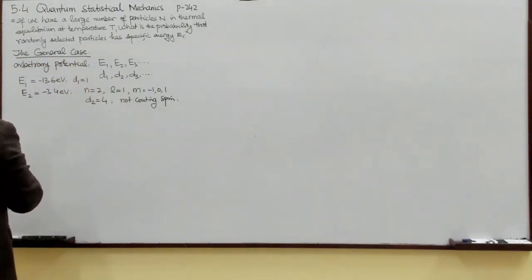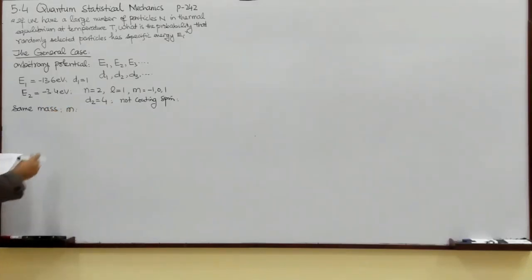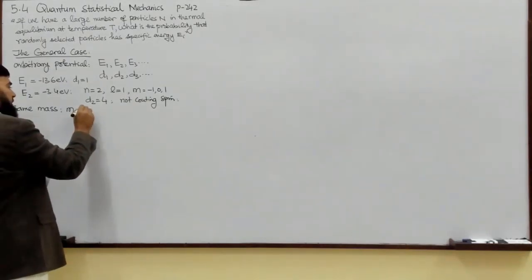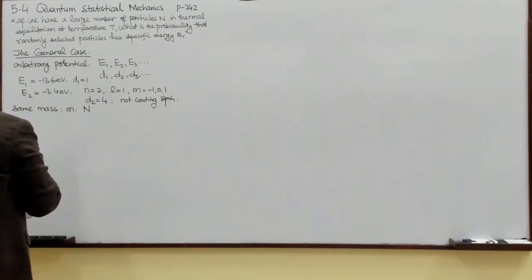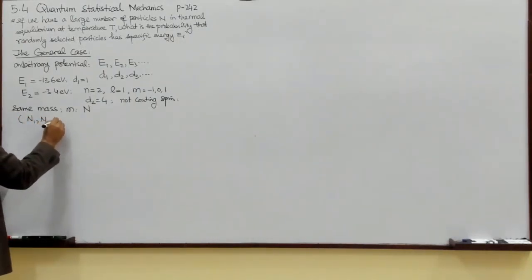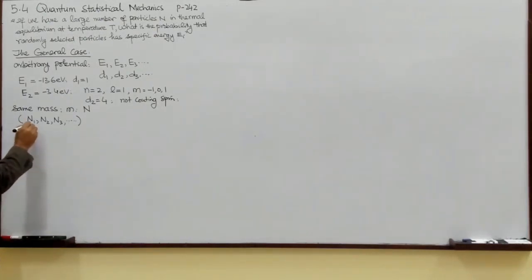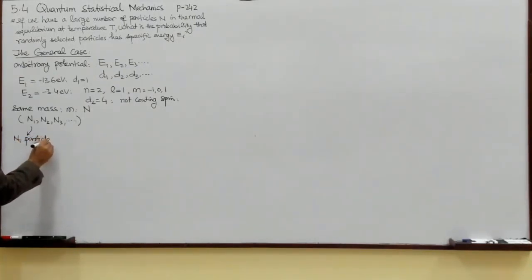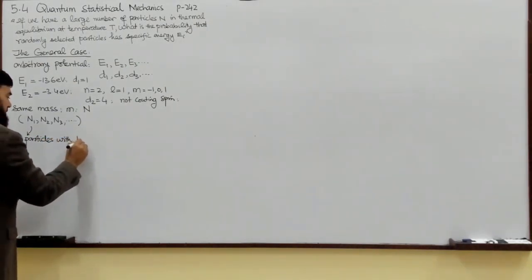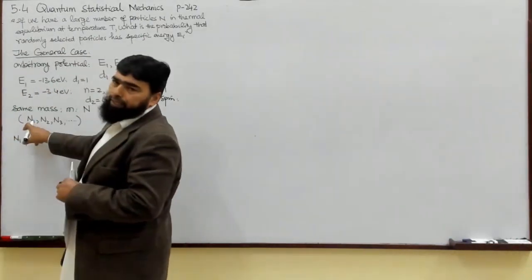Let's consider that we have particles of the same mass m, and the total number of particles is N. We will consider a configuration N1, N2, N3, and so on, such that N1 particles have energy E1, which may be one particle, two, three, or any number of particles.